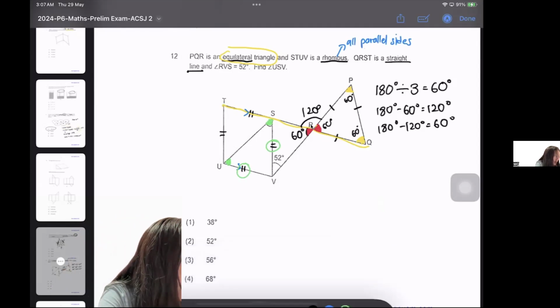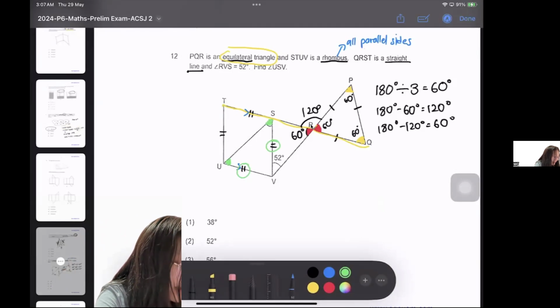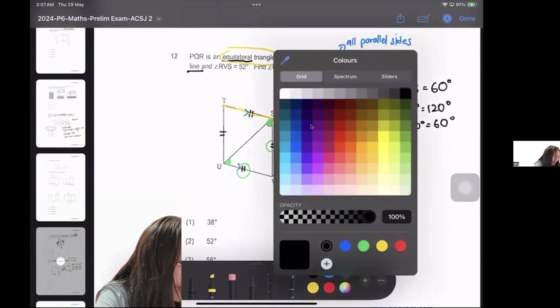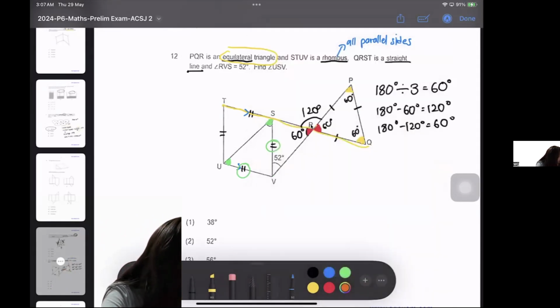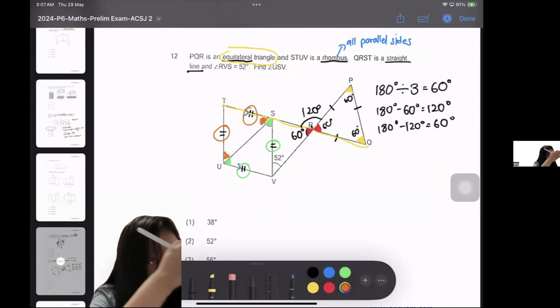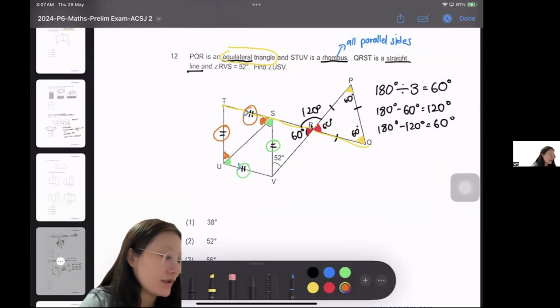Okay, this is actually the isosceles triangle. So as you can see, that was one isosceles triangle. This is another isosceles triangle. But we're gonna use the green one because I don't think we need to use the other one.